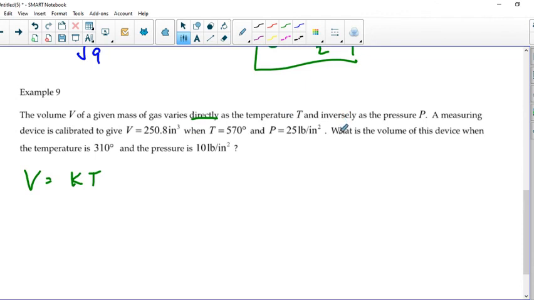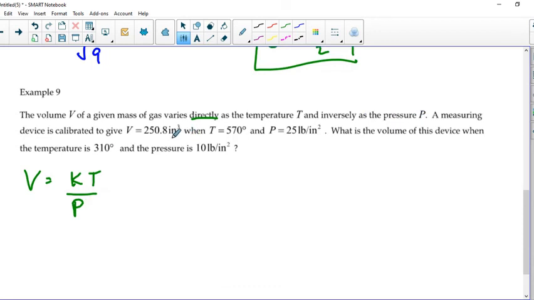You could message me and tell me what law this is. This is a law, but I think you have to be in chemistry for this law. So if you're a sophomore, maybe you know what law we're talking about here. It varies directly with temperature, and inversely as pressure.